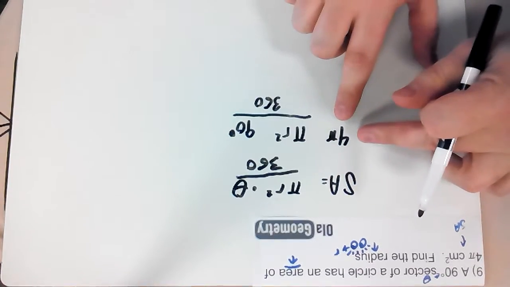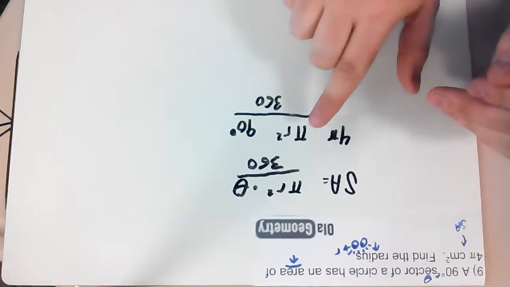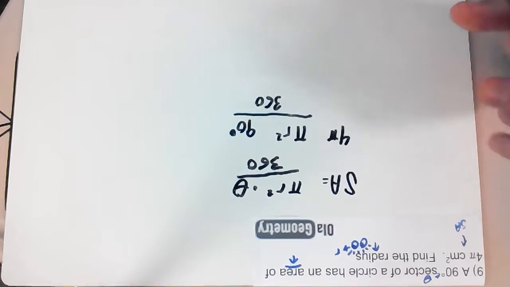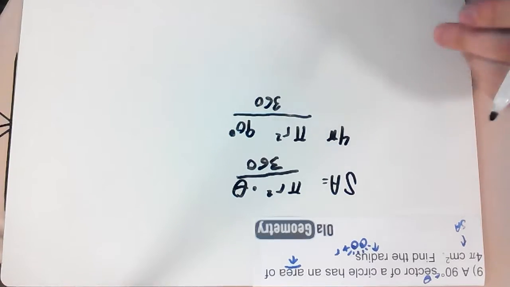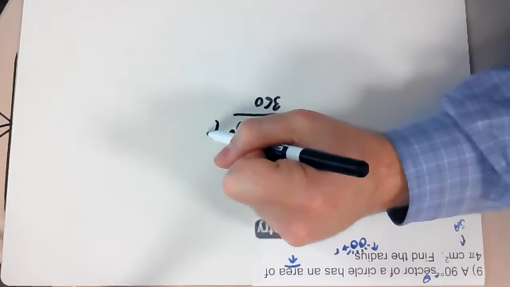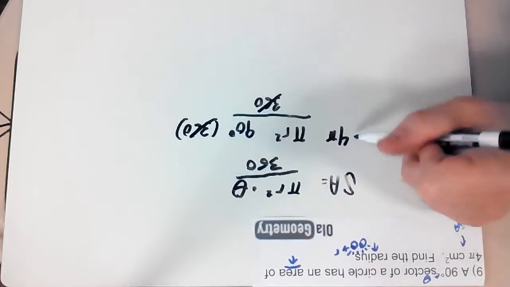When we have 4 pi, as opposed to a decimal, it's actually easier, because as soon as I divide out that pi, those pi's are going to cancel out. But I'm going to solve this as if we typically solve for x. R is my x. So I'm going to multiply this by 360 to get that out from under there.